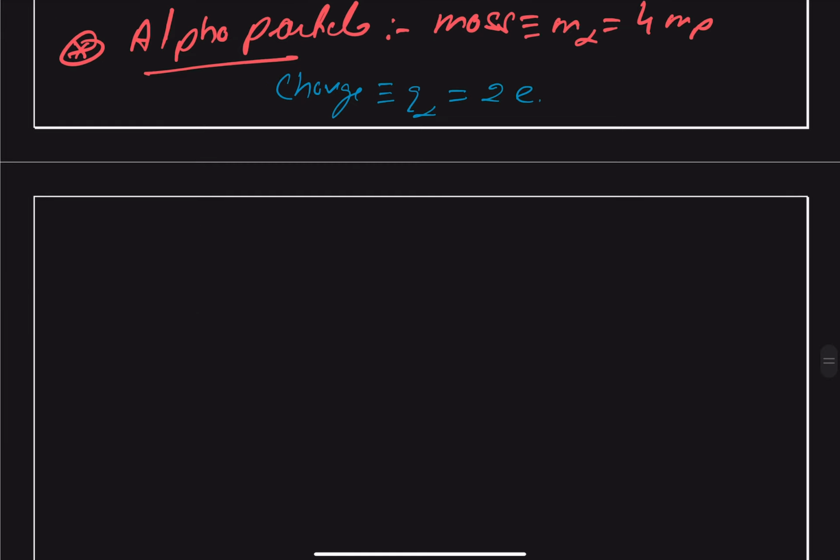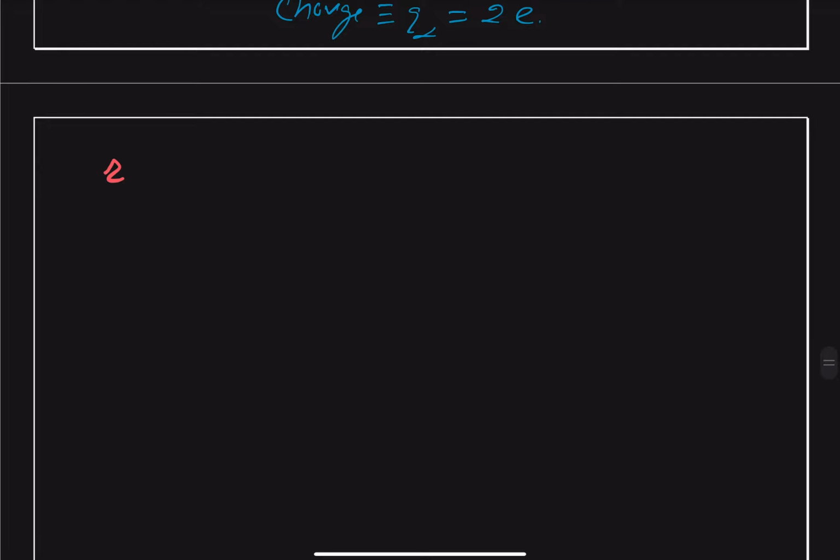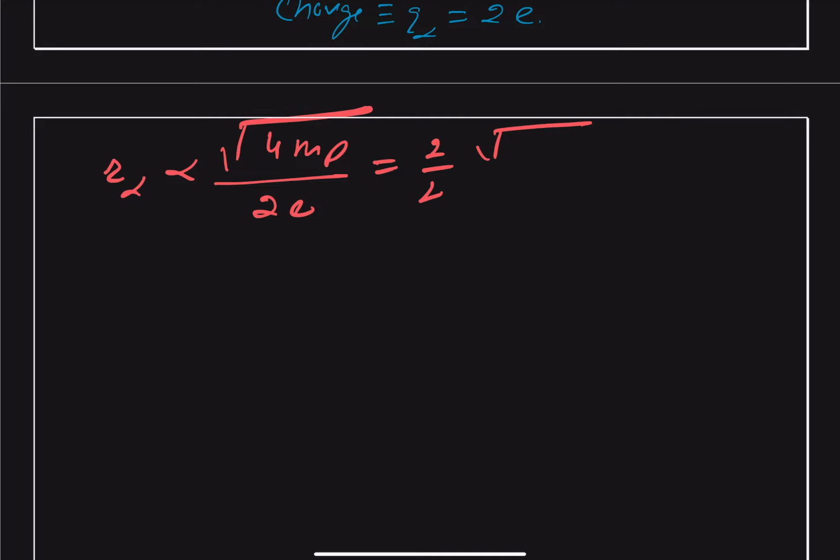So once again our r alpha is proportional to square root of 4 times mp divided by 2e. So this comes as 2 divided by 2 square root of mp divided by e. 2 goes with 2, so this comes as square root of mp divided by e.